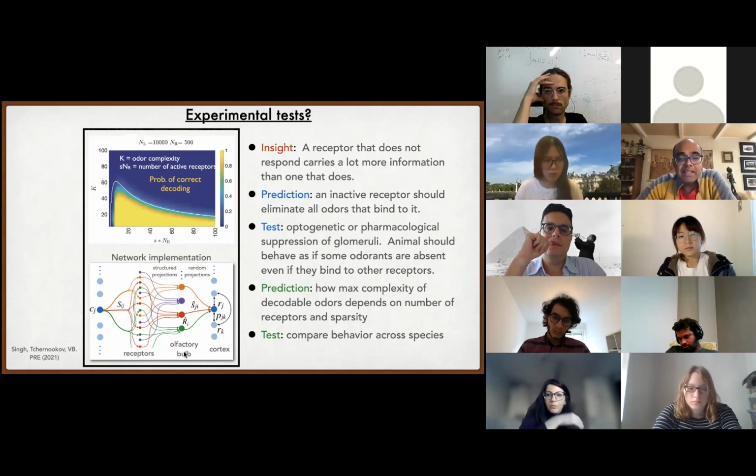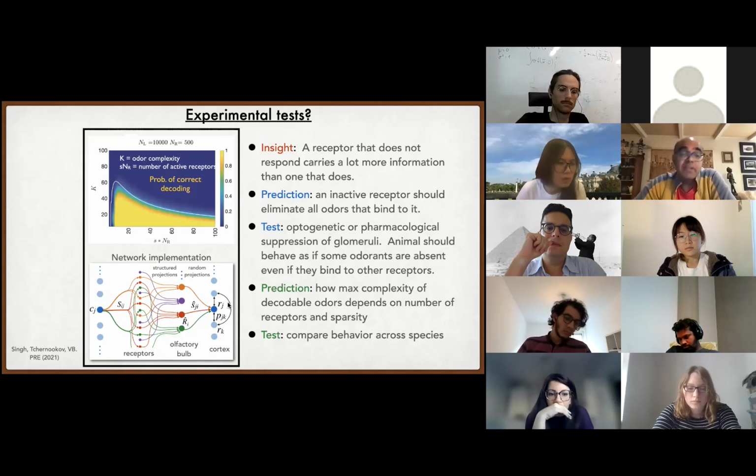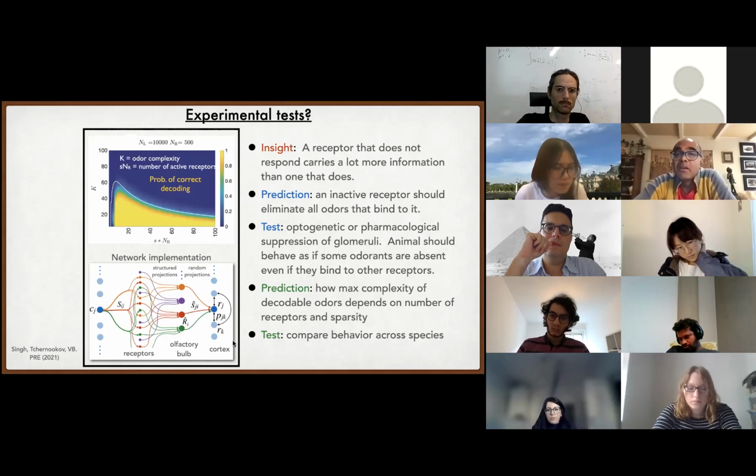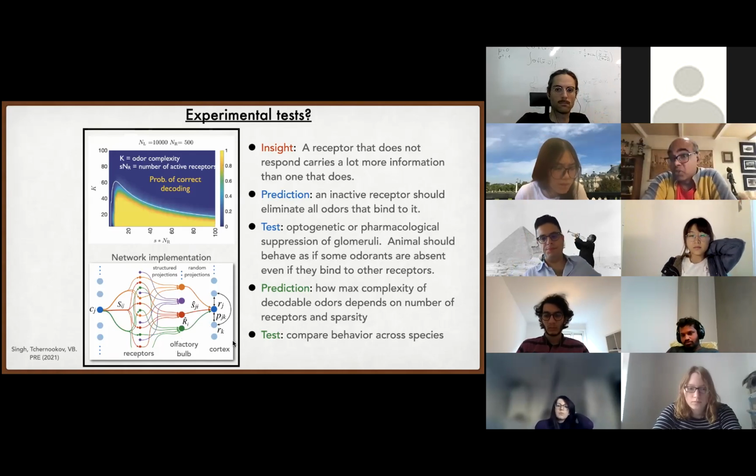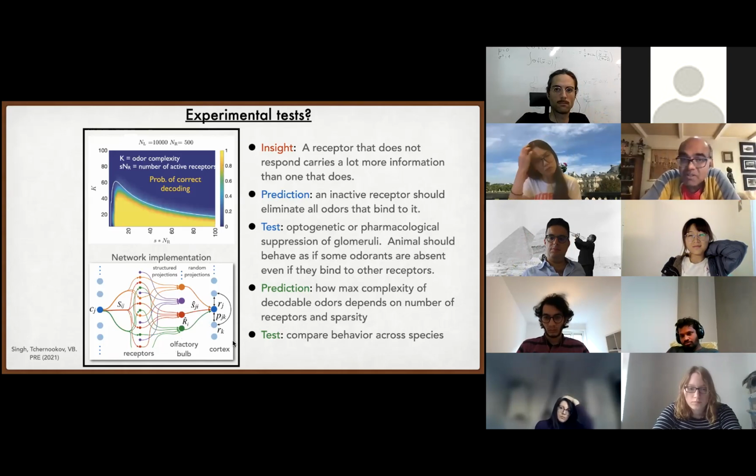Those things are being collected in the glomeruli, the olfactory bulb, and then projected randomly to the cortex where you have some kind of associative network. So you can write down such a network that will implement the algorithm. So this was a very rapid snapshot of an application of the ideas from the last lecture to the olfactory system. Now, I'm sure that was a little fast, so I would like to ask you for questions.